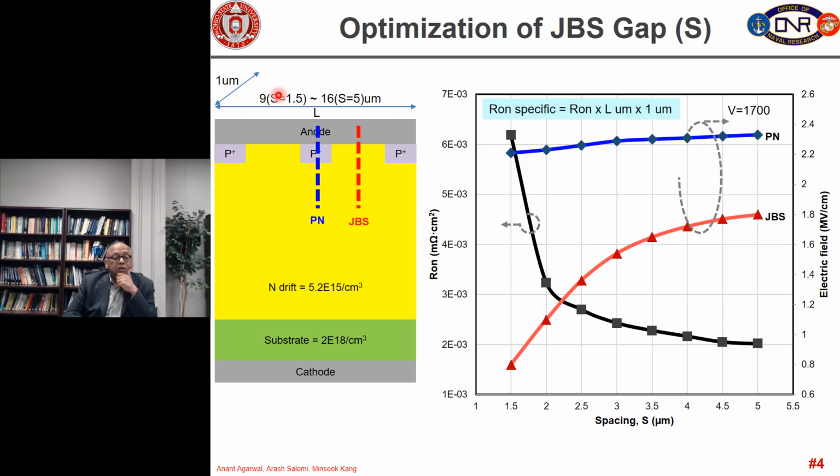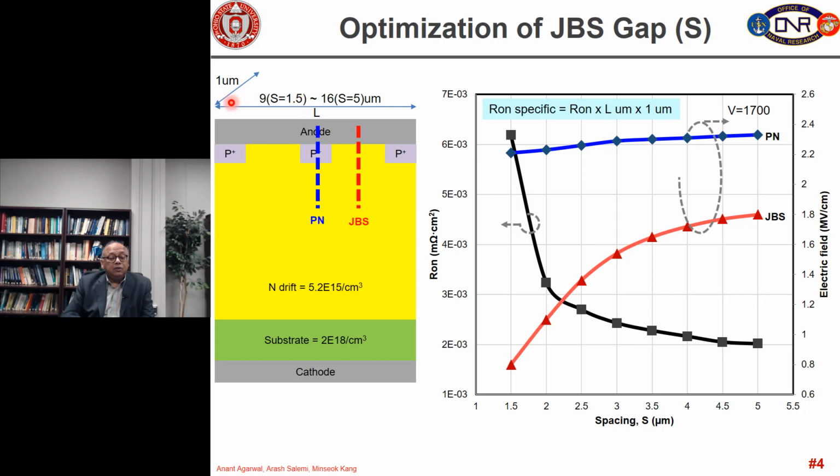This dimension times 1 micron, where 9 micron is the pitch for JBS gap of 1.5 micron, 16 micron is the pitch for JBS gap of 5 micron, and then there is variation in between.